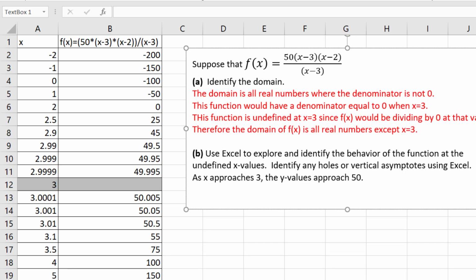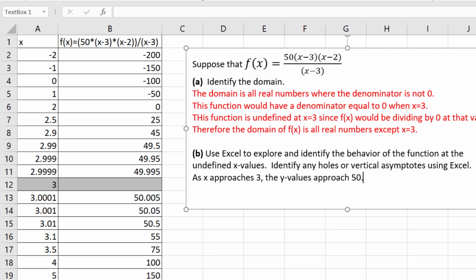Now remember, this function will never actually be able to input x equals 3 because the function is undefined at x equals 3. But it seems like this graph is approaching the point 3, 50. As you approach from the left side and as you approach from the right side, the graph is approaching the point 3, 50.